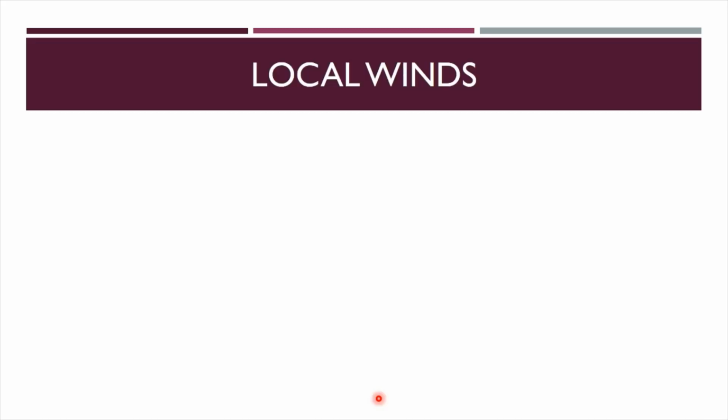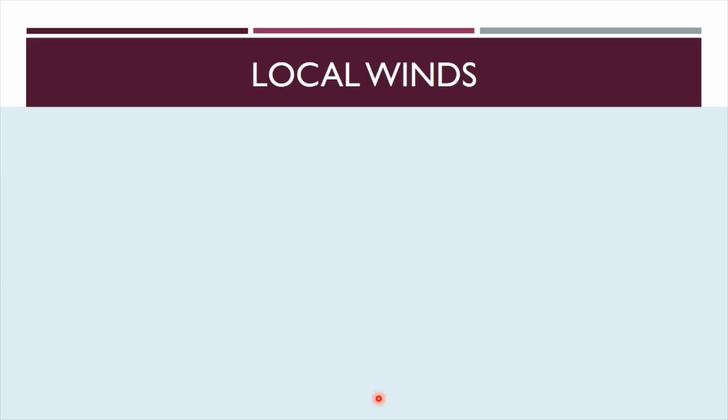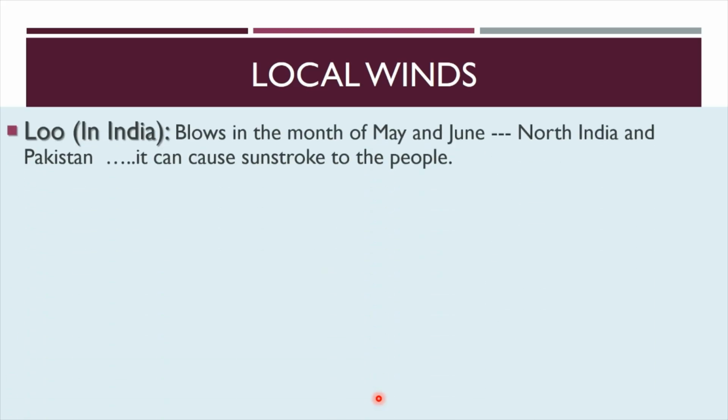Next is about local winds. Local winds are called by different names in different areas. So in India, Loo is very familiar for us. It comes in India and Pakistan during May and June, around the summer months.